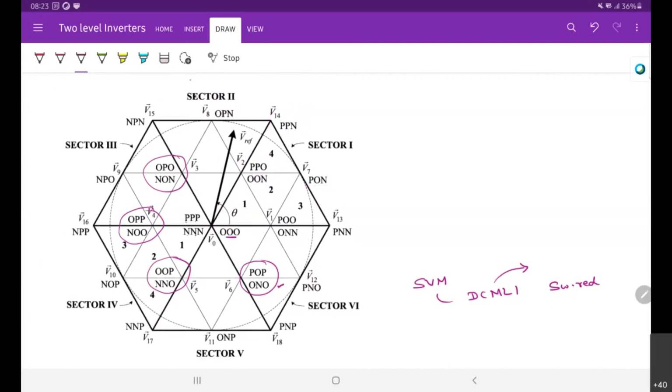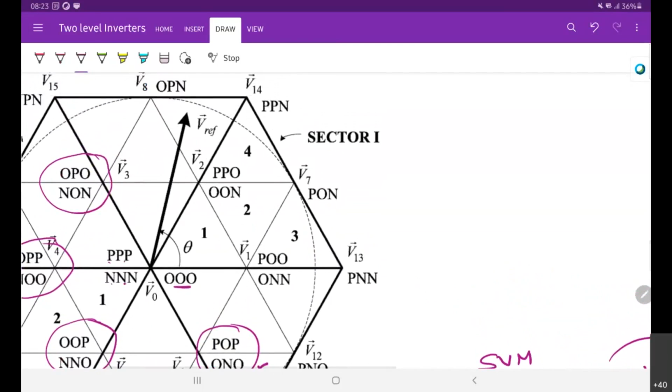Inside this sector 1, we have this triangle, and this triangle is divided into 4 small triangles. So this is 1, 2, 3, and 4. Clear?